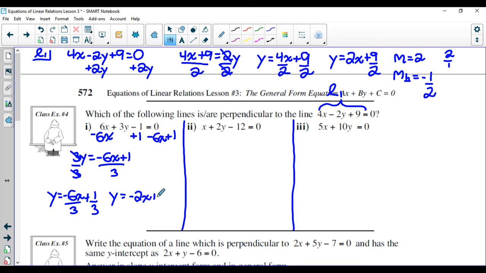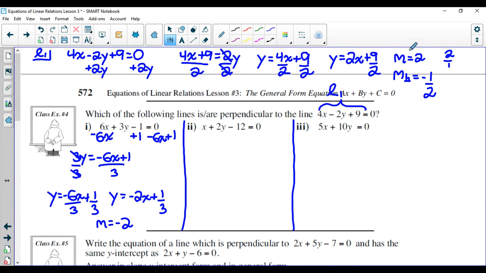If we simplify, negative 6 divided by 3 is negative 2x plus 1 over 3. This is in y equals mx plus b format, so the slope of this line would be equal to negative 2.